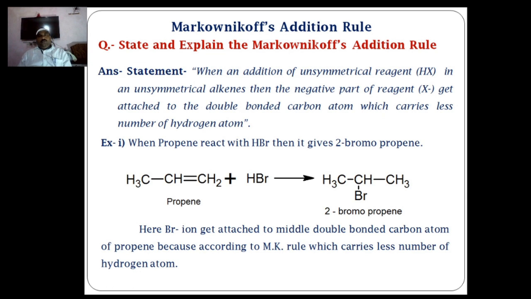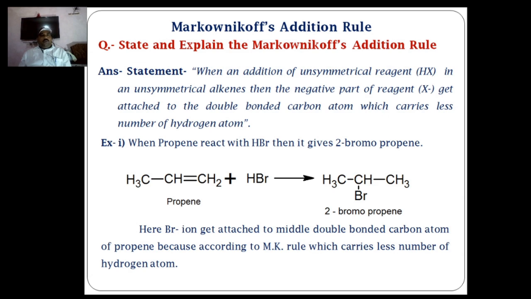The Markovnikov addition rule states that when an unsymmetrical reagent, for example HX, adds to an unsymmetrical alkene, then the negative part of the reagent, that means X negative, gets attached to the double bonded carbon atom which carries less number of hydrogen atoms.